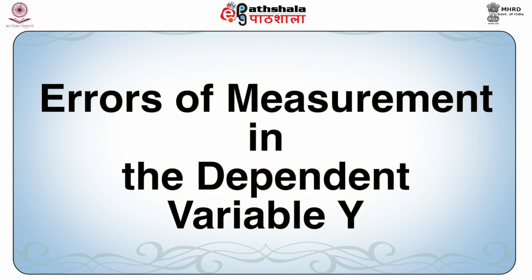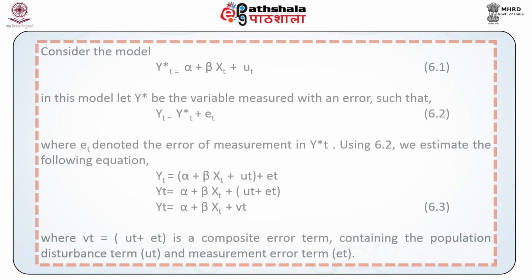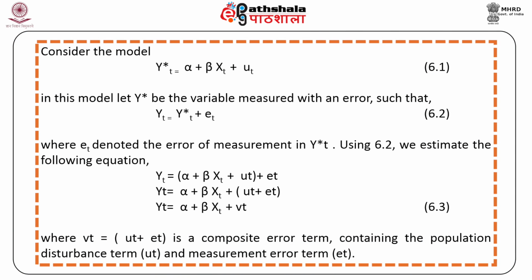Errors of measurement in the dependent variable y. Consider the model yt star is equal to alpha plus beta xt plus mu t. In this model, let y star be the variable measured with an error such that yt is equal to yt star plus et, where et denotes the error of measurement in yt star.